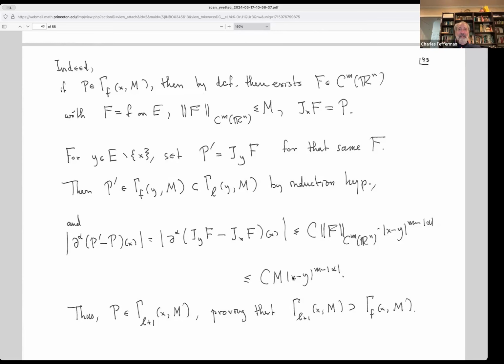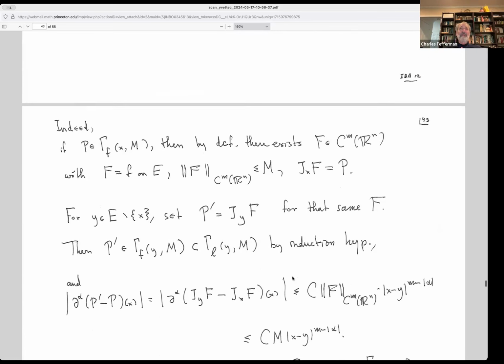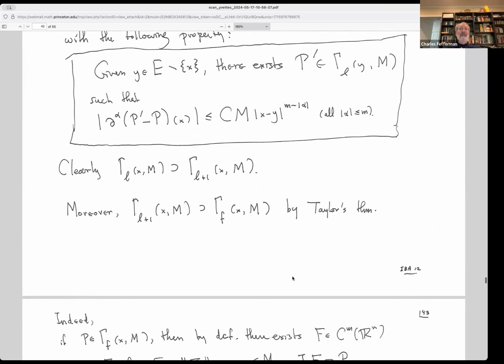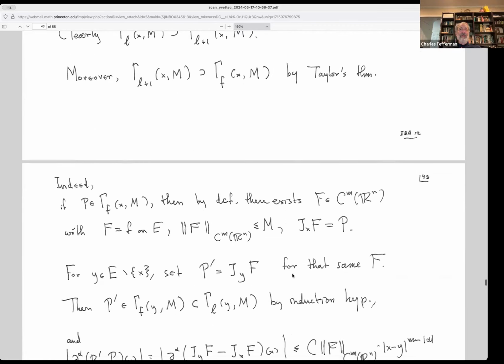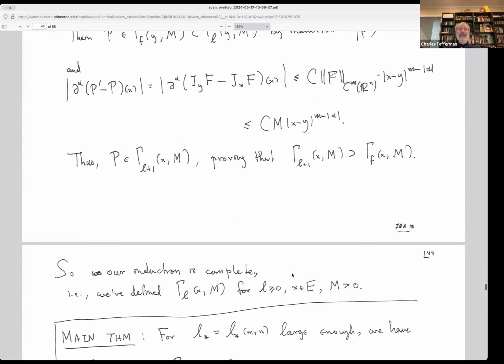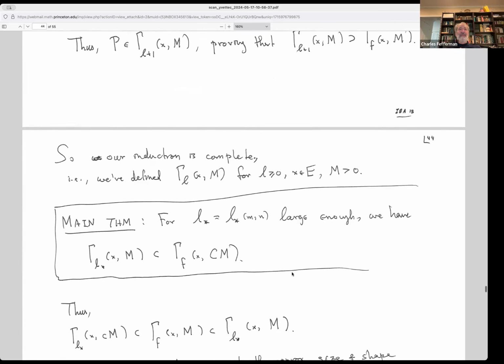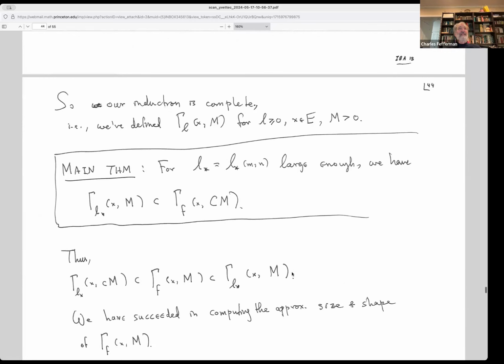And that is precisely, if I can go back to the previous slide, what we needed in order to show the defining property that P should belong to the gamma L plus 1. And so that's the proof that gamma L plus 1 contains gamma F. It's really just Taylor's theorem, and so our induction is complete.